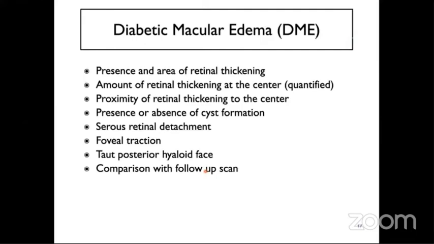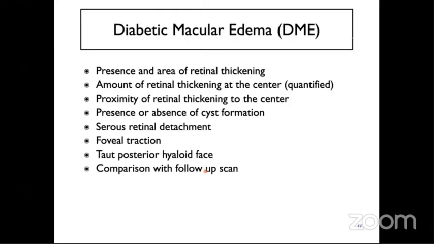Coming to the uses of OCT in various retinal diseases, since diabetes is one of the common diseases we encounter, we have to know about this entity. What are the uses? There is the presence and area of retinal thickening. How close to the center of the fovea the thickening is indicates the severity of the condition. The closer to the fovea, the more visual disability.